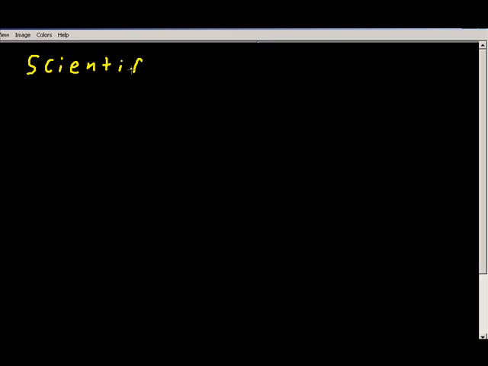is scientific notation. Now there really are two parts to scientific notation. The first one is putting numbers into a scientific notation format. And then the idea is to manipulate numbers in scientific notation.